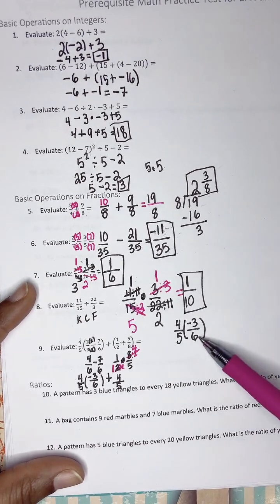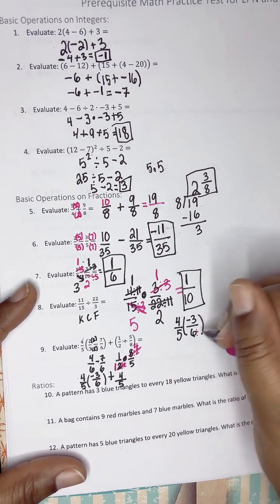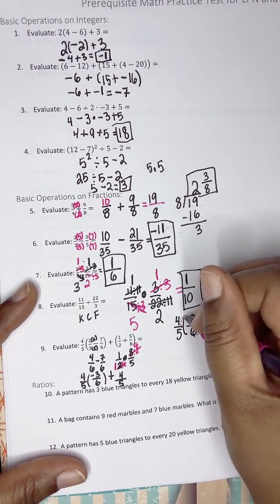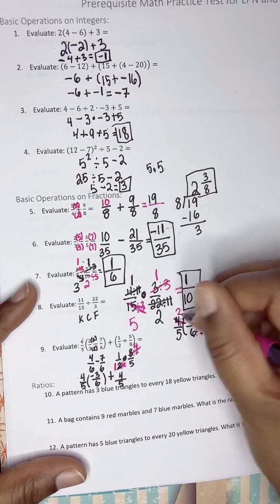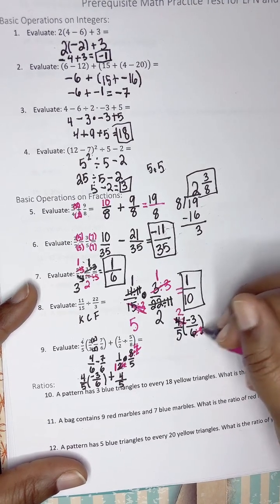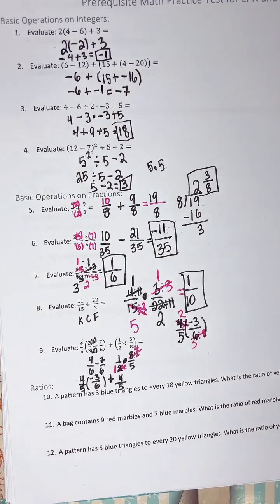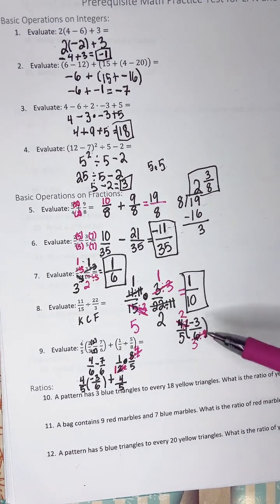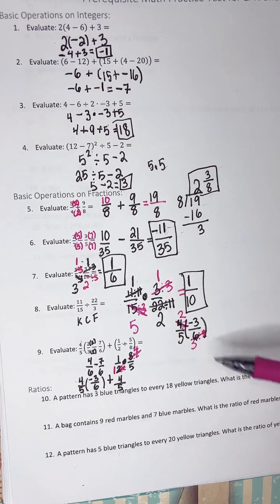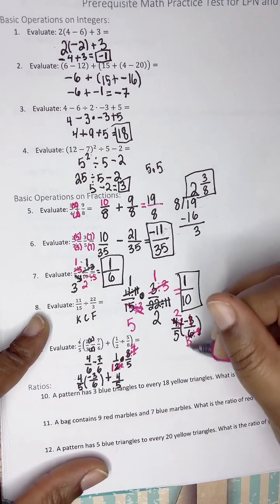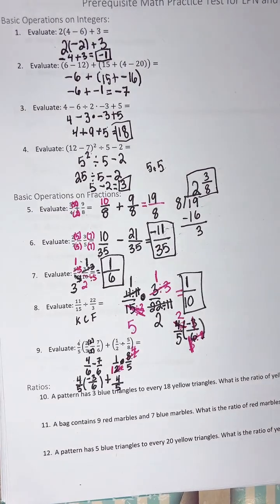I said even over even, I know I can divide out at least a 2. So 4 divided by 2 goes to a 2. 6 divided by 2 goes to a 3. Well, looky. 3 over 3. What's happening here? 3 over 3 is going to a 1.